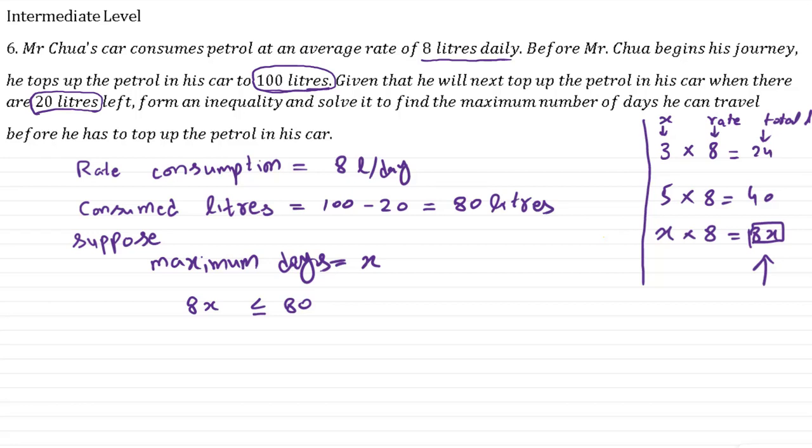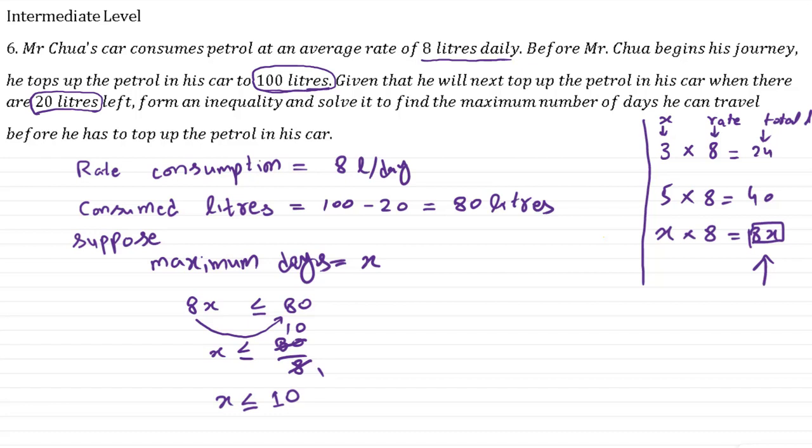And now we will solve this inequality. 8 will be dividing 80. It will become x is less than or equal to 80 divided by 8. 8 once 8, 8 10 times 80. x is less than or equal to 10.